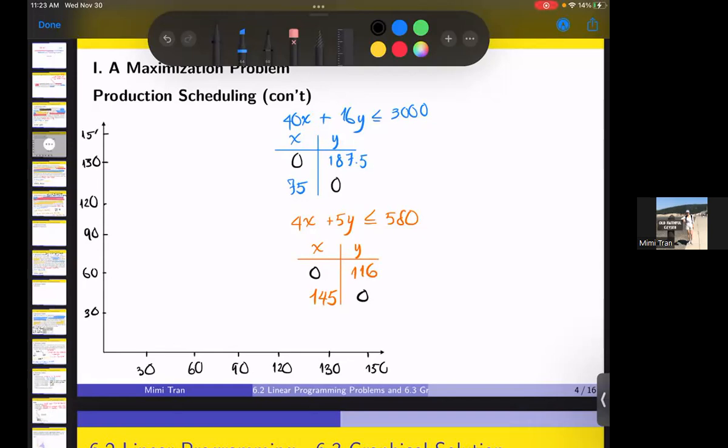60, 90, 120, 130, 150. 30, 60, 90, 120. Hang on, let me do this one again.